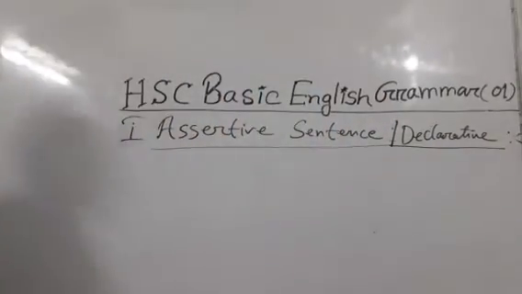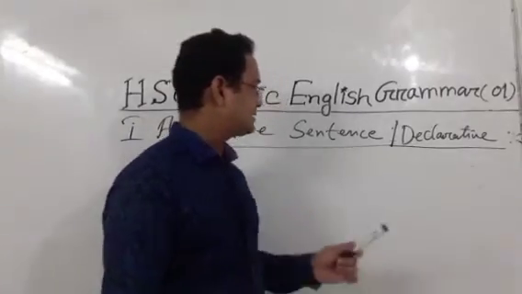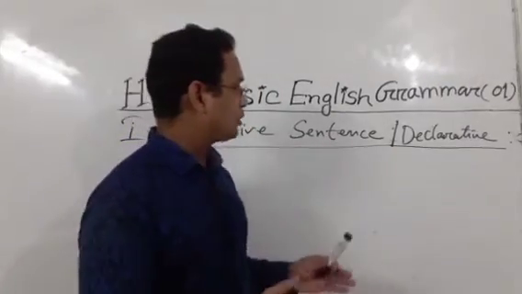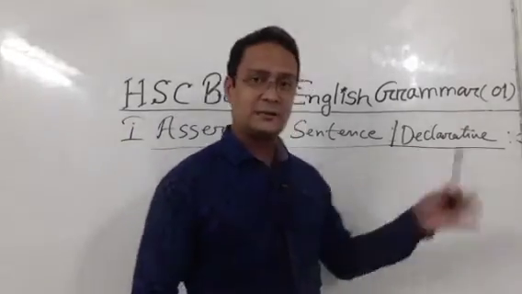So here it declares something, that means description of something. It gives description or information. In an assertive or declarative sentence, we give description for something or some places or some condition.